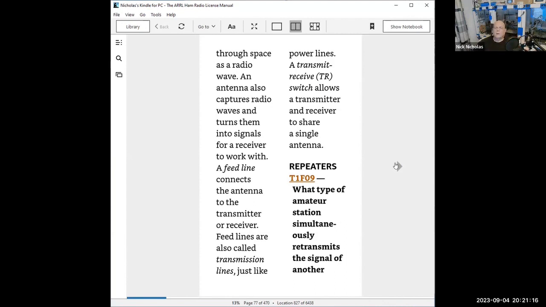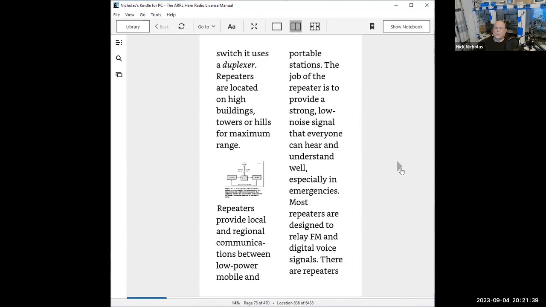A repeater allowed us to use the VHF and UHF frequencies and then repeat them so that they weren't just useful to us for a very short line of sight distance, but rather to give us area-wide use of the radio communications. And the way that a repeater works, here's the drawing.